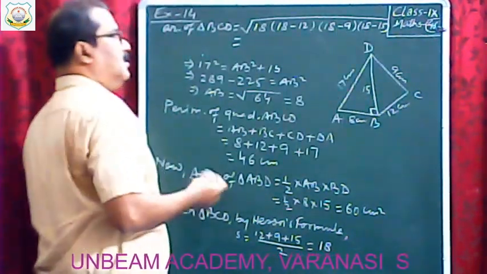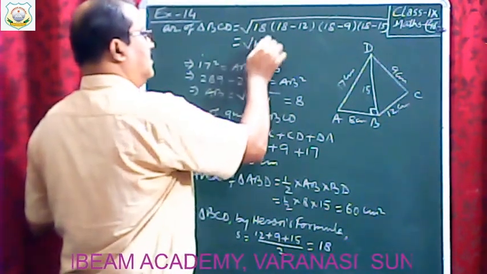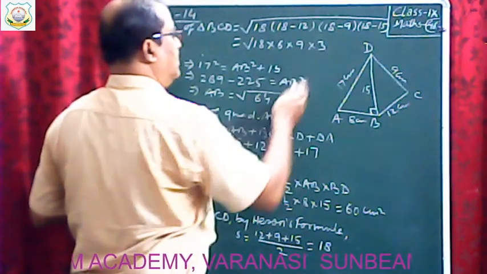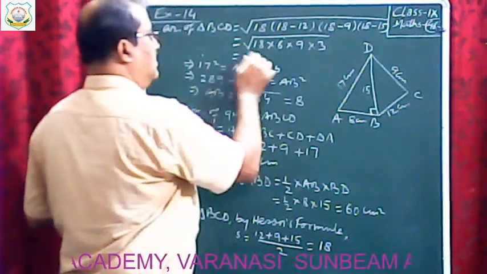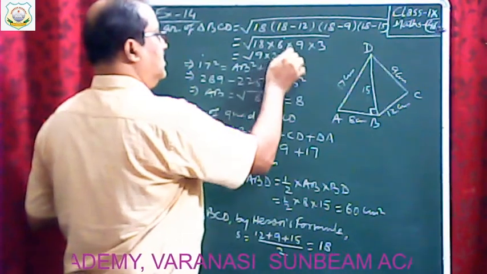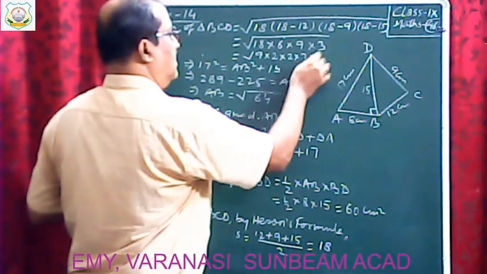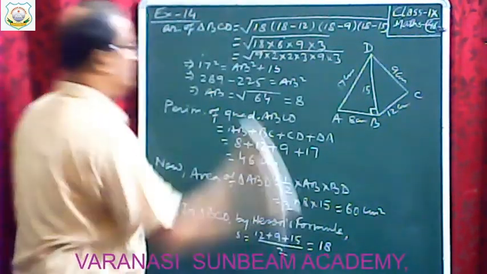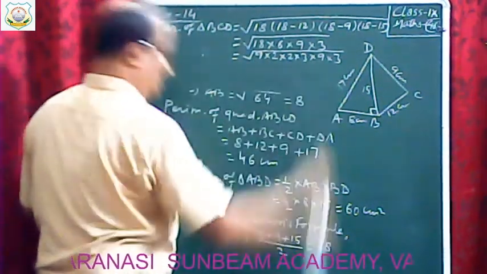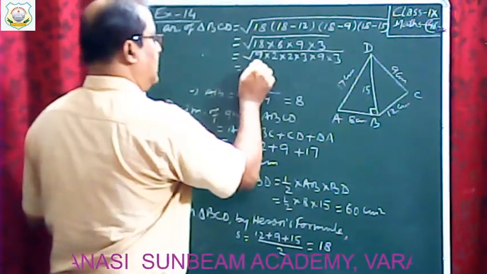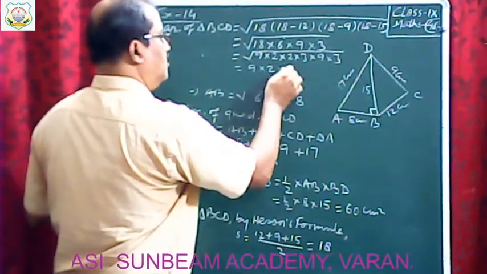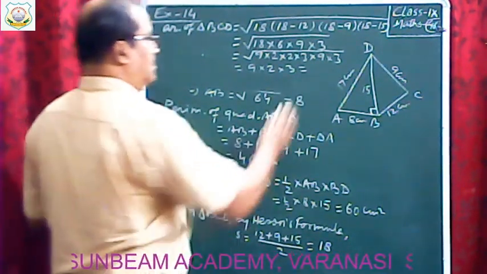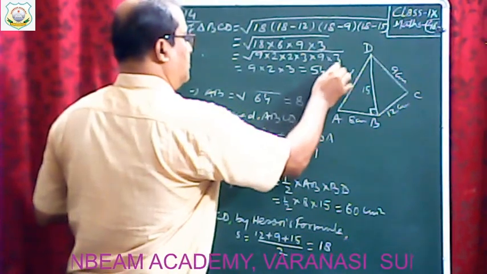Now you have to calculate and find area. 18 into 6 into 9 into 3. So 18 means 9 into 2, 6 means 2 into 3, 9 again 3. You get a pair of 9, a pair of 2, a pair of 3. How much? 54 centimeters square.